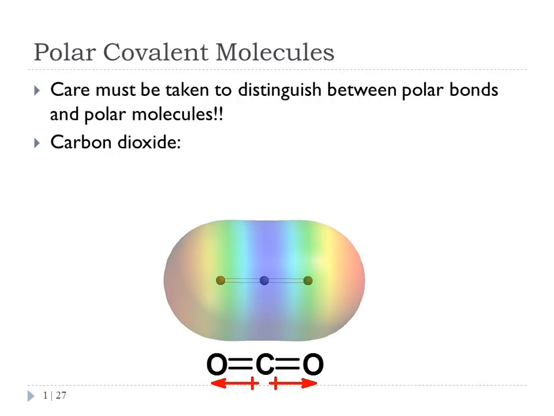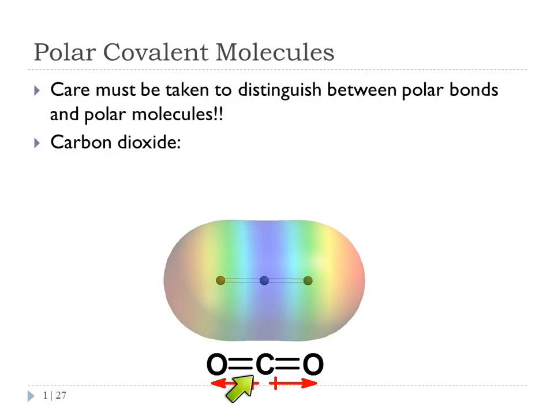Carbon monoxide is a good illustration. This carbon-oxygen bond is polar. The oxygen's more electronegative than the carbon. And so another way to indicate that is with an arrow pointing to the more electronegative one and a positive at this end. But this carbon-oxygen bond is going in the opposite direction. And so we can think of this like tug-of-war.